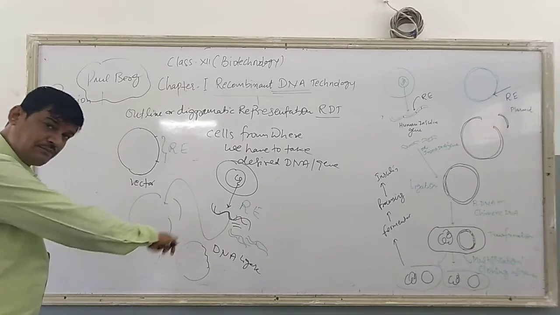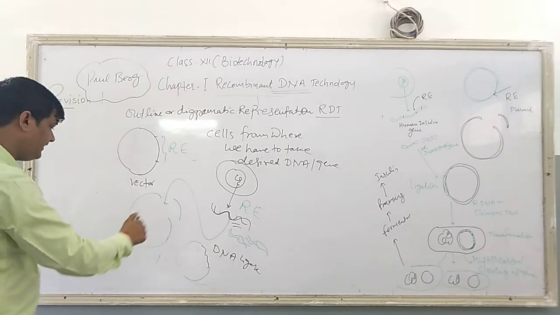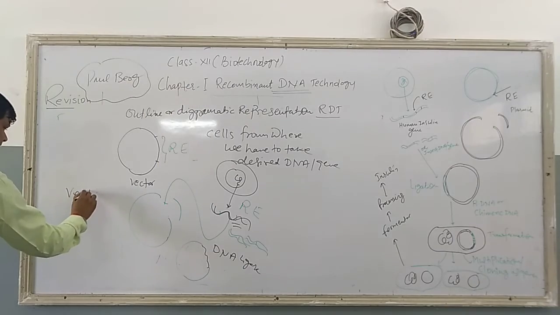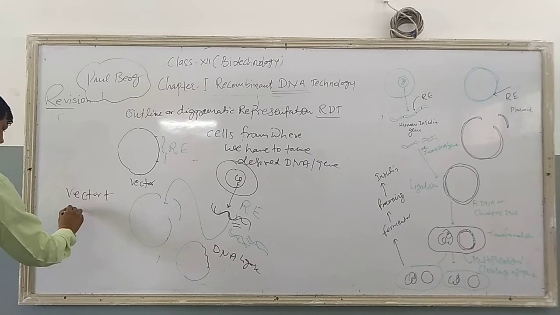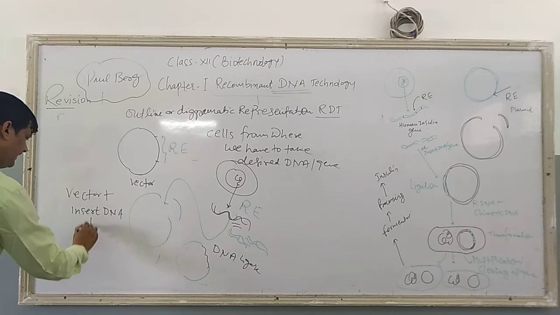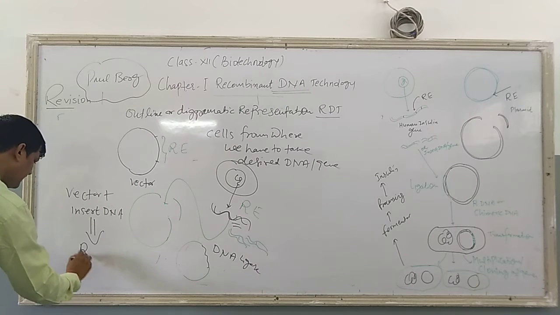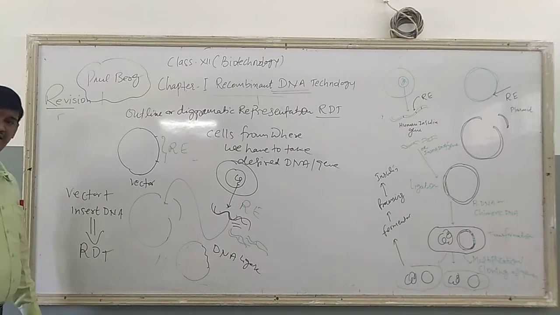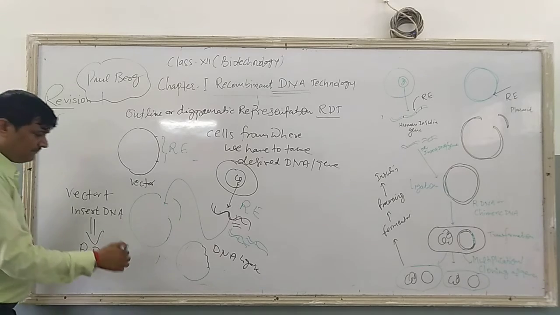The overall process which we have made here, vector plus insert DNA, is equal to RDT, recombinant DNA technology. What happens then?